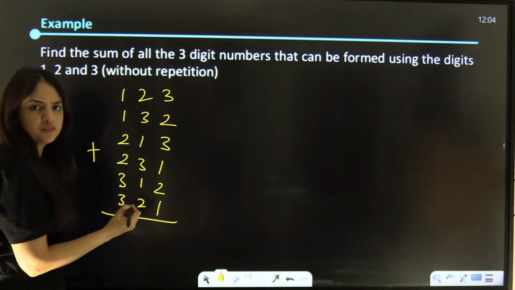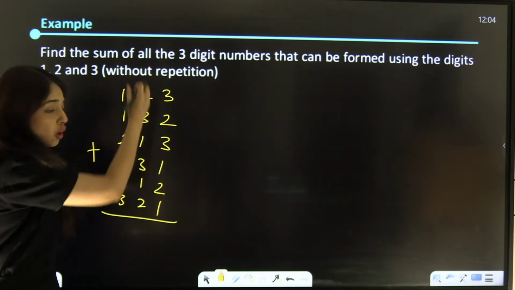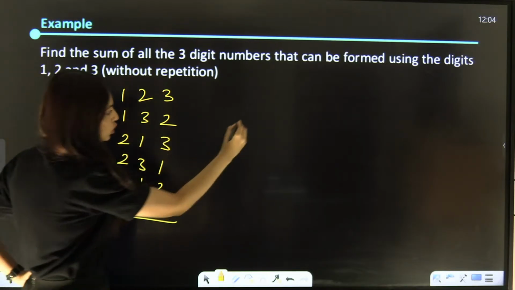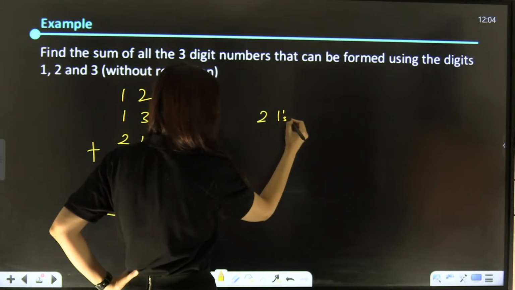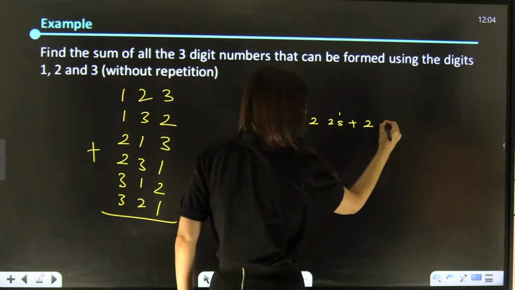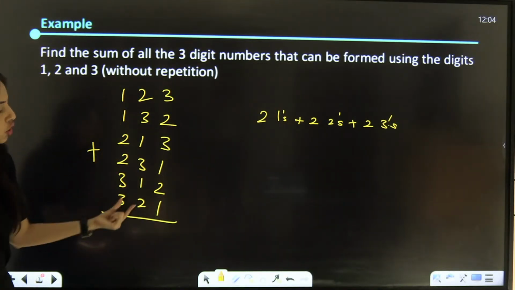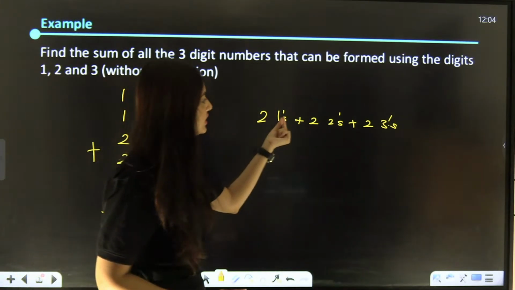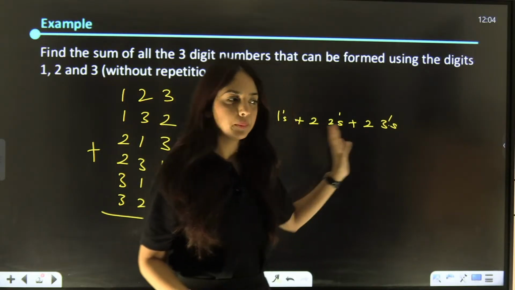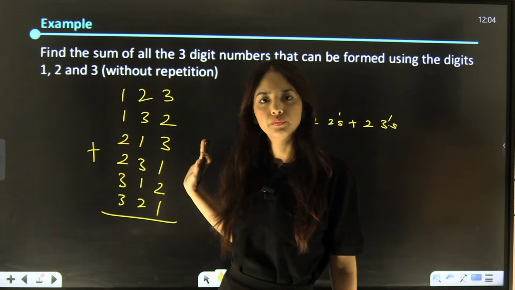So if you look at this, there are in each column 2 1s, 2 2s and 2 3s, right? In each column we have exactly 2 1s, 2 2s, 2 3s. That means total 6 possibilities for each column, right?